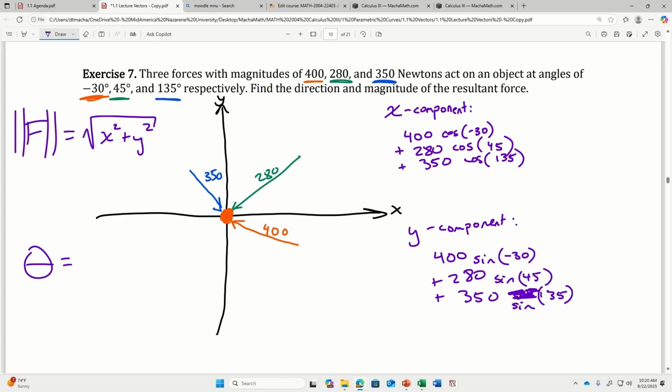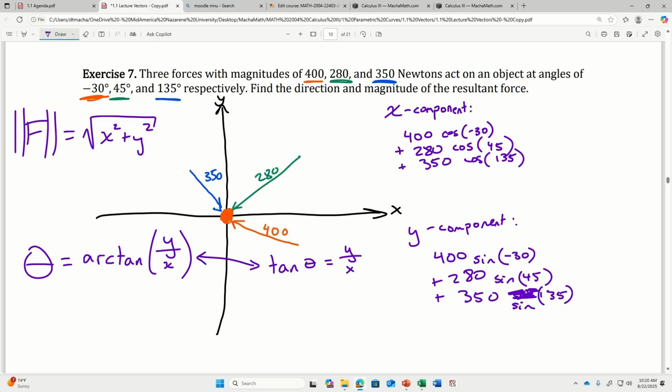You all know this one? No? Okay. The direction is so weird. It's the arc tangent of y divided by x. And the reason for this is because you know the tangent of an angle is opposite over adjacent, right?